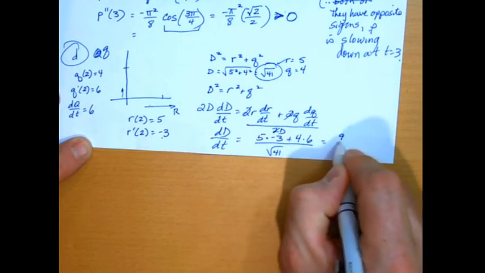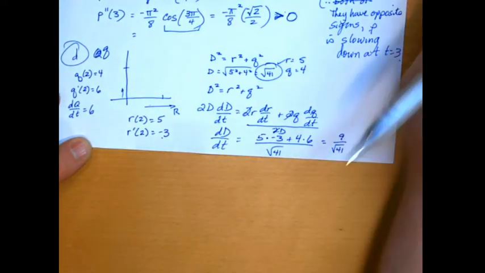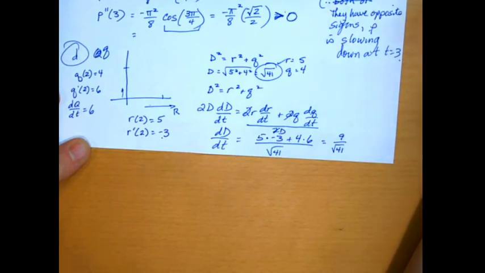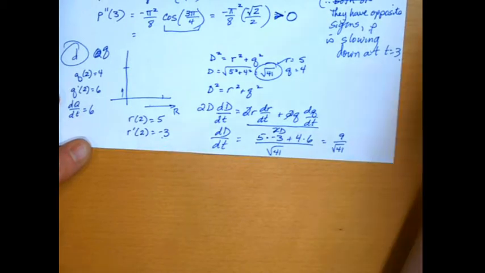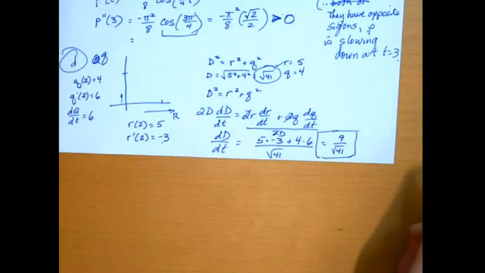This is going to be 9 over the square root of 41. Does it ask for units? No, because there are no units that go along with it other than time, but time is not specified. So it is moving at 9 over the square root of 41.